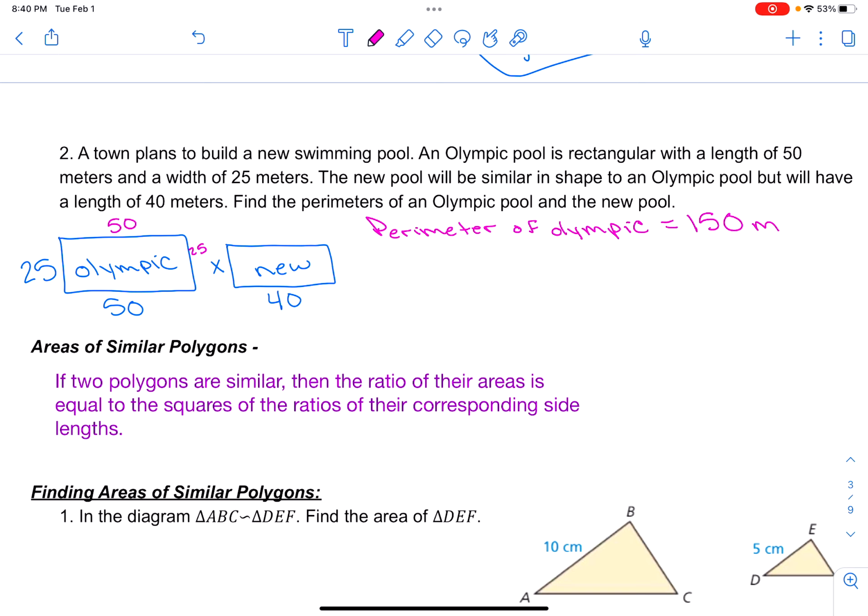Because 50 plus 50 is 100, 25 plus 25 is 50. Add those together, we get 150. So now we need to find the perimeter of this new pool.